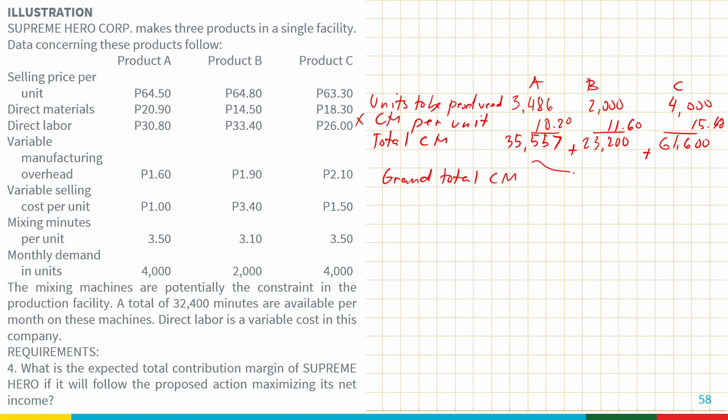So our answer would be 61,600 plus 23,200 plus 35,557. That's 120,357. Okay? So that's our answer for number 4.